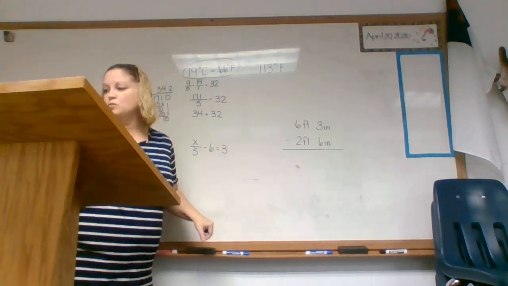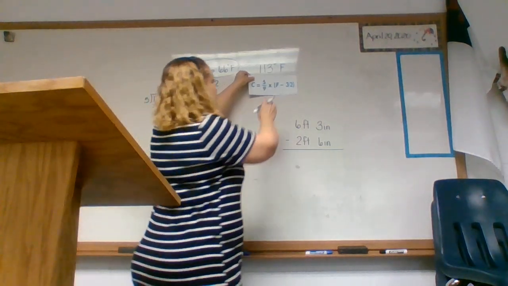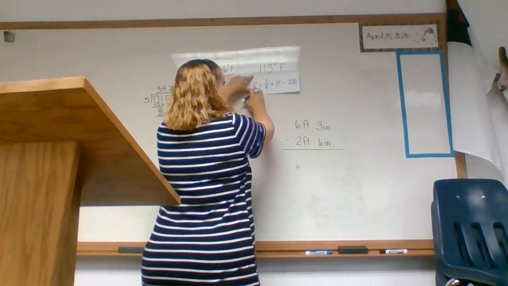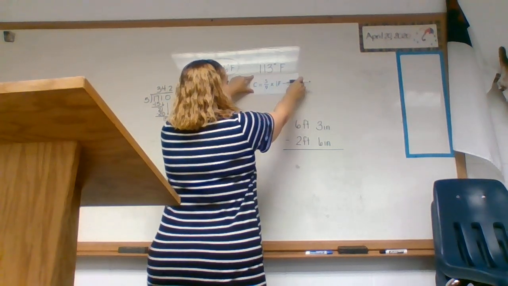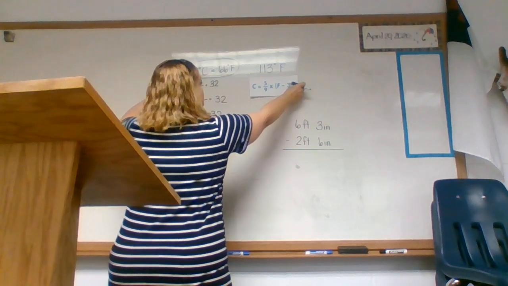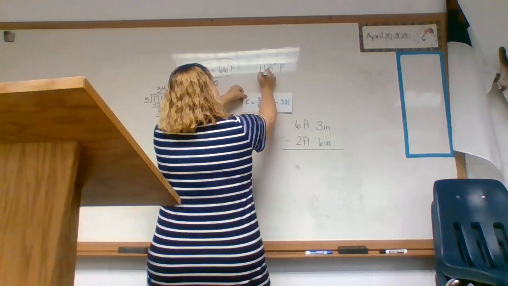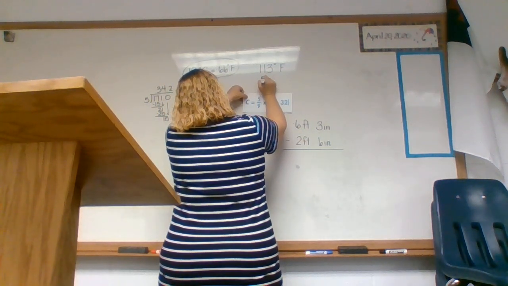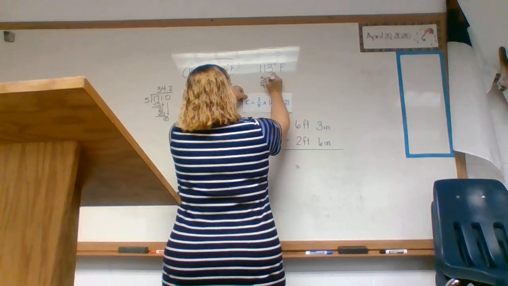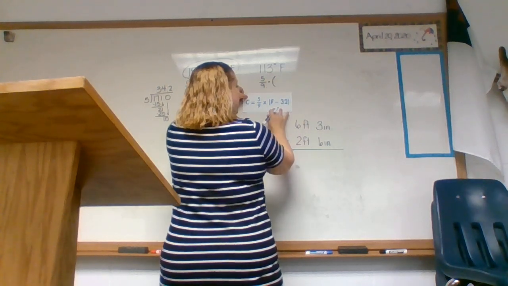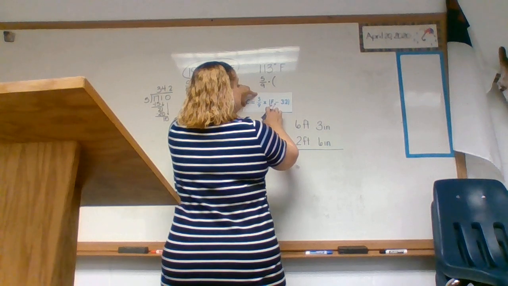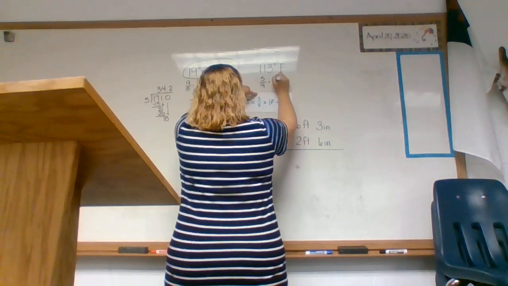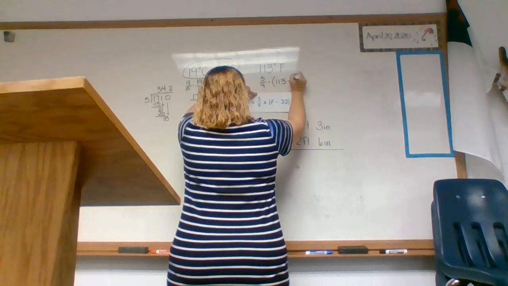All right, then the next one, we have a formula for converting to Celsius when we're given Fahrenheit, and it's a little bit of a reverse of this one. So now it's 5/9 times, but we have parentheses, which means we have to do this first: Fahrenheit minus 32.